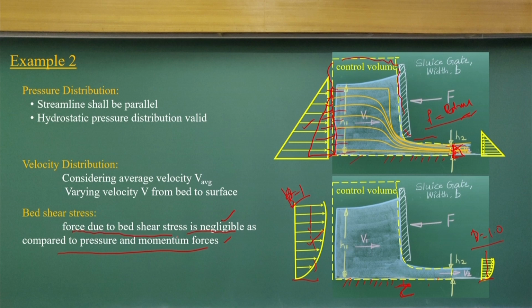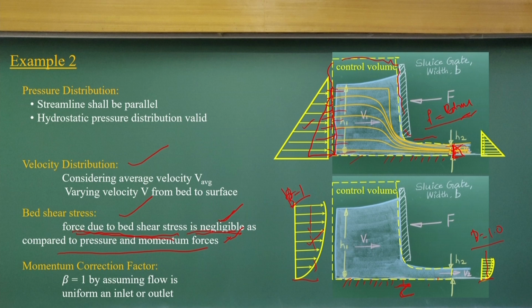So, not to complicate the problems, we consider the shear force negligible compared to the pressure and momentum force components. These are the clear-cut assumptions for velocity distributions and wall shear stress. Momentum is considered uniform at inlet and outlet.